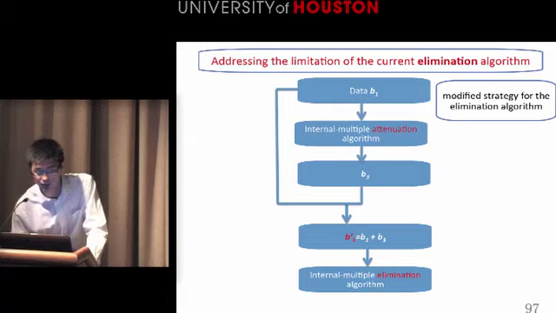And then we combine B1 and B3. We add them together to get a new set of data, and put this new set of data into the internal multiple elimination algorithm. We can predict the correct time and the correct amplitude of the internal multiples and address the limitation of the elimination algorithm.